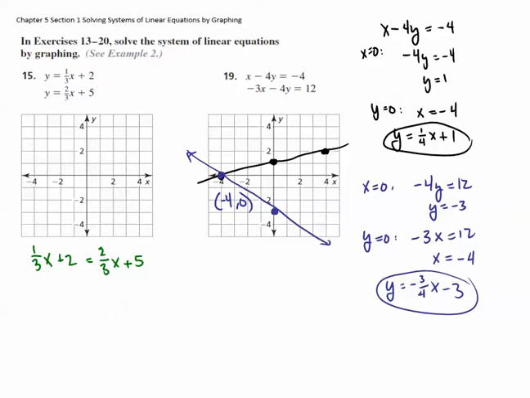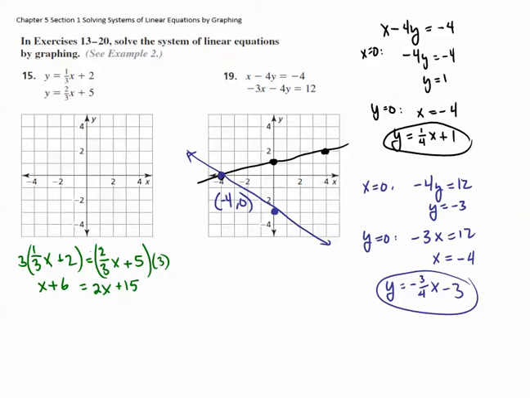Remember, one way to get rid of fractions is to multiply both sides by the common denominator, in this case 3. So we're going to get 3 times 1/3 is 1x plus 6. 3 times 2/3 is 2x plus 15.